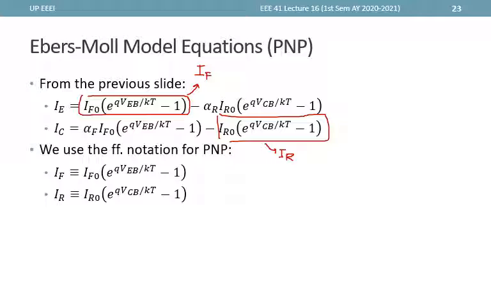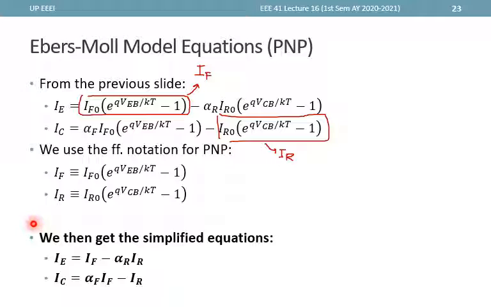However, note that this whole term also appears here, but with IF naught. So this can be rewritten as alpha F IF, and this term here is exactly IR. So this can be rewritten as alpha R IR, and that is shown in these further simplified equations.